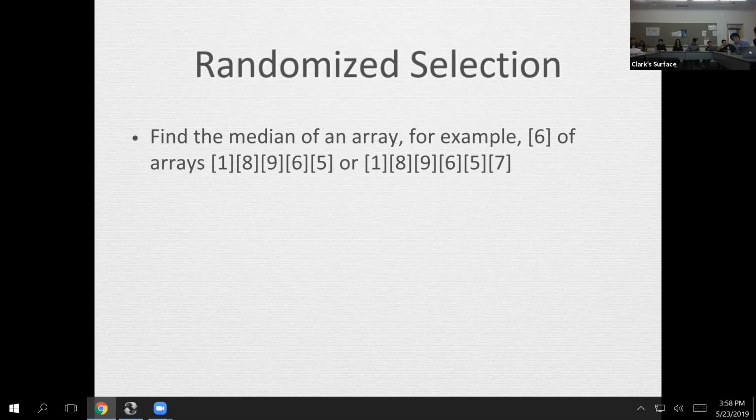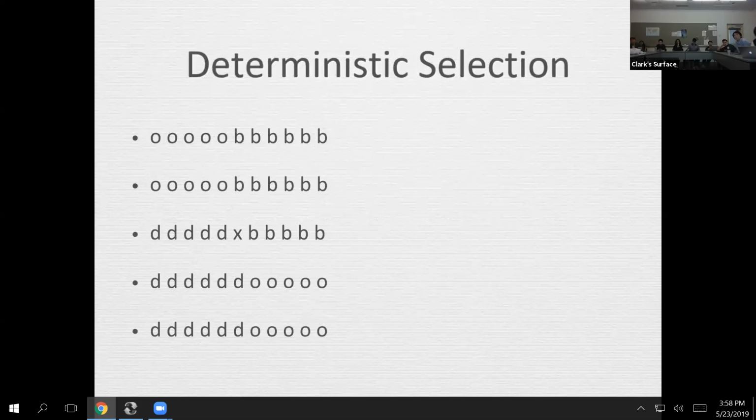So when you want to find the median of an array, you can use randomized selection, which is a kind of alternative implementation of quicksort. And also there is deterministic selection, which is fairly complex to learn, so if you guys are interested.